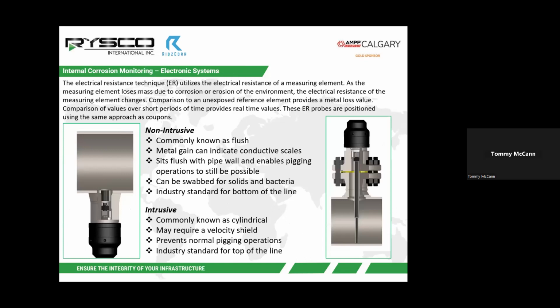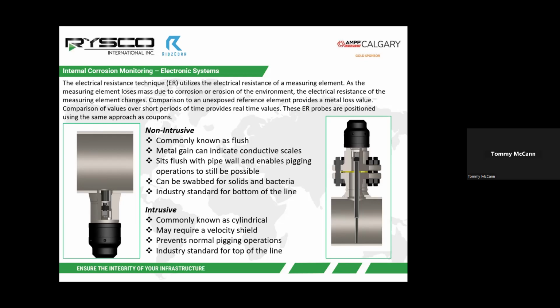On the electronic side, the one that I deal with the most would be your ER probe. Very simply, there's a measuring element which is exposed to the environment, and behind that, within the body of the probe, there's an unexposed reference element.